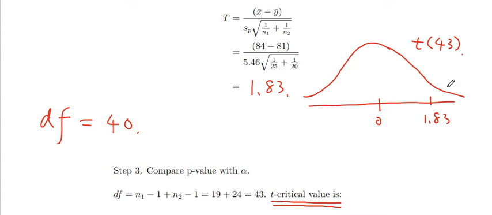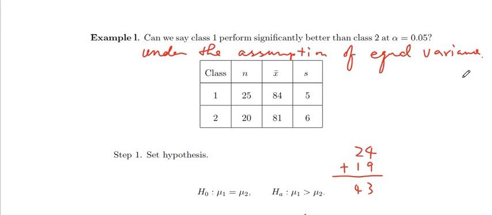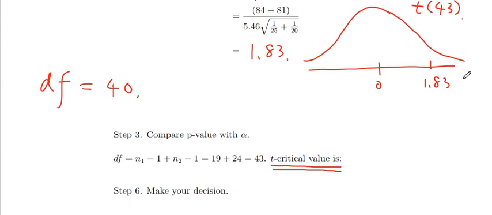Okay. So now let's see, alpha, what is alpha? Alpha is 0.05, right? Okay, so let's check this table. This alpha is 0.05, so for 40, we just check 40.